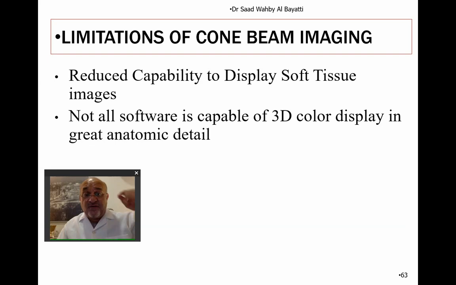Unfortunately, if you want to display the soft tissues, you have two options. Either you send your patient to do an MRI, which is the ultimate in showing the soft tissues, or you go for a CT. And the CT is at the expense of a higher dose, as we discussed earlier. But in the cone beam, no, you only have the ability to see the hard structures.